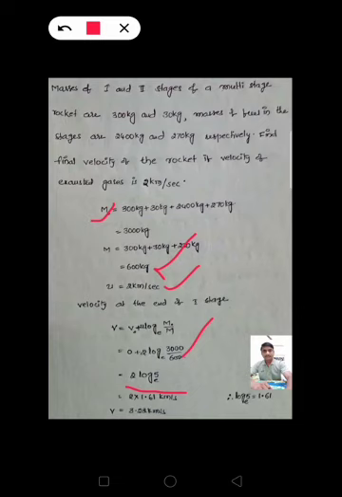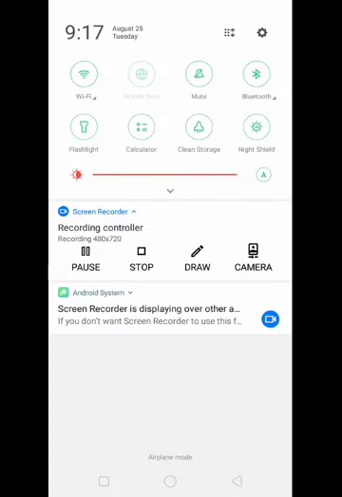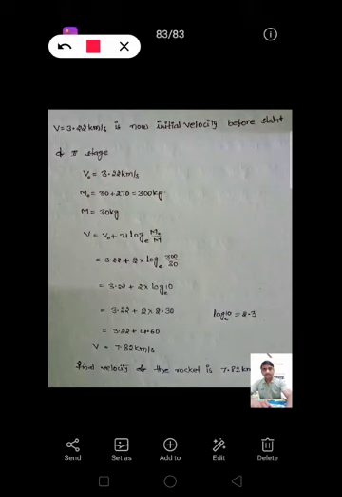So now this becomes the initial velocity for the rocket before starting the second stage. Let us take it as the initial velocity, v0 is equal to 3.22 km per second.